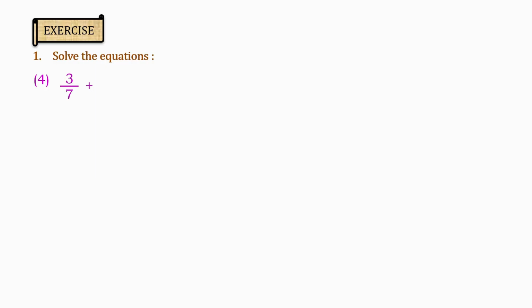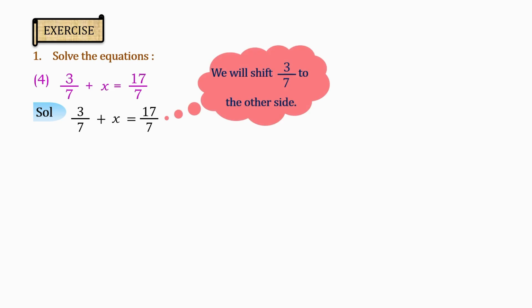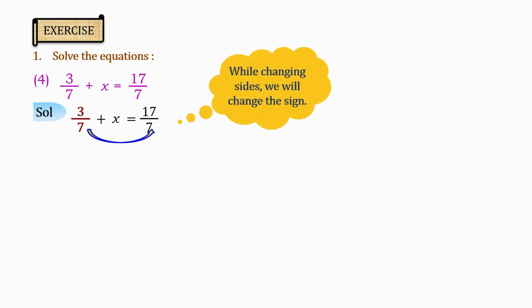Next problem. 3 by 7 plus x equal to 17 by 7. Same principle, variables on one side and numbers on the other side. So here we will shift 3 by 7 to the other side. While changing the sides, we will change the sign as well.